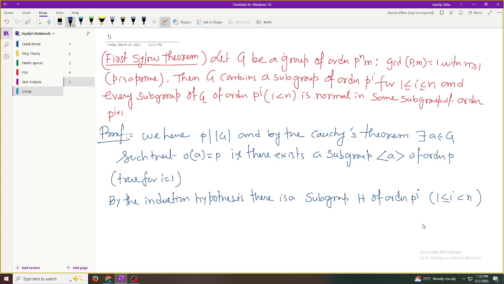Okay, so I have to show that there exists a subgroup of order p to the power i plus 1 also, and it is normal.